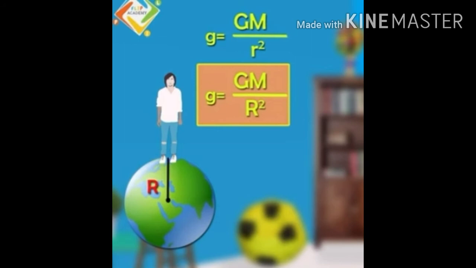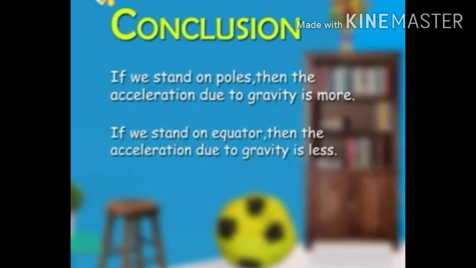The Earth is not a perfect sphere. As the radius of the Earth increases from the poles to the equator, the value of g is greater at the poles than at the equator. For most calculations, we can take g to be more or less constant on or near the Earth.